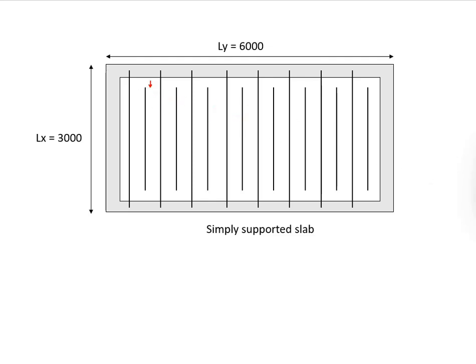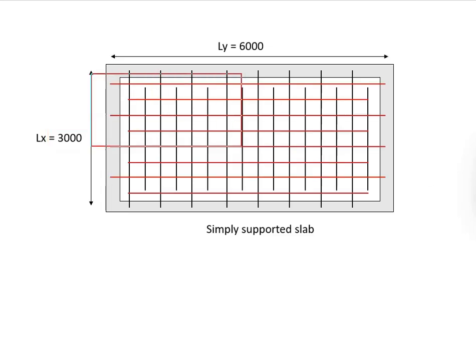We are talking about a distance from the support, which is 0.1 times its effective span. The effective span is 3 meters, center to center. The distance to the curtailment will be 0.1 times 3 meters, which is 300 mm.